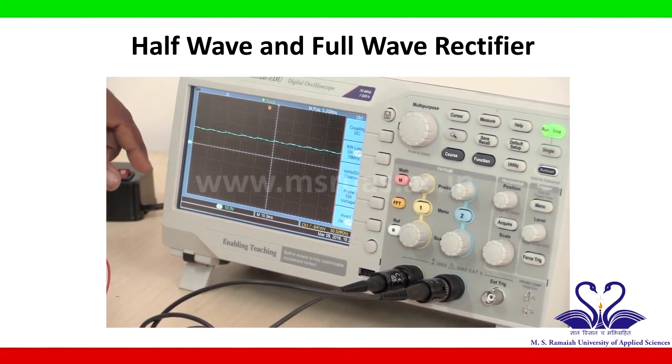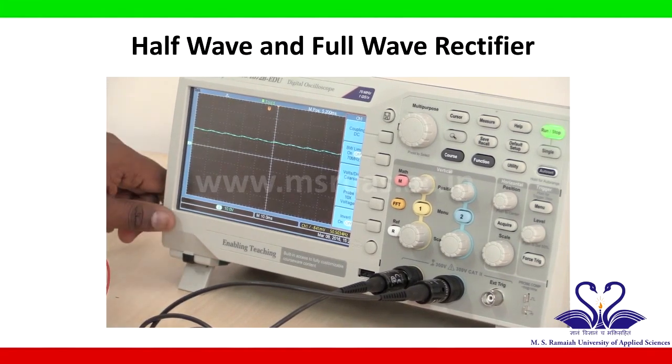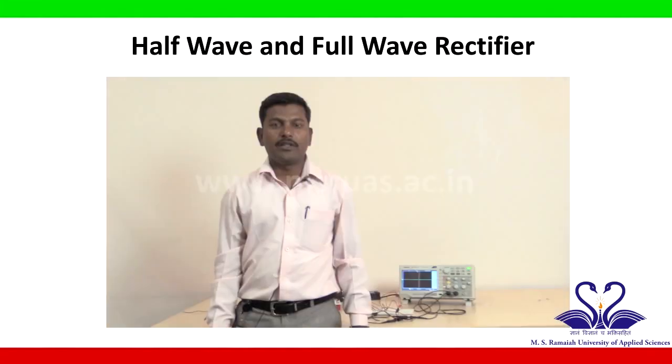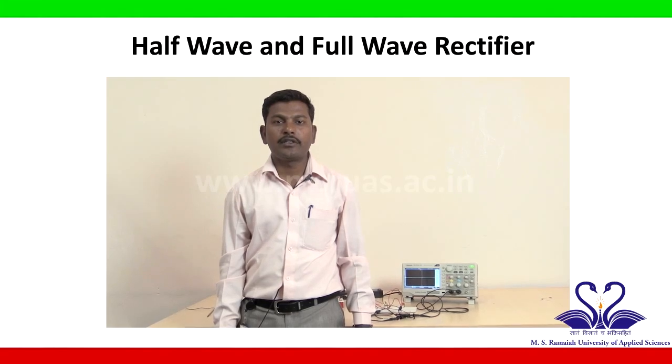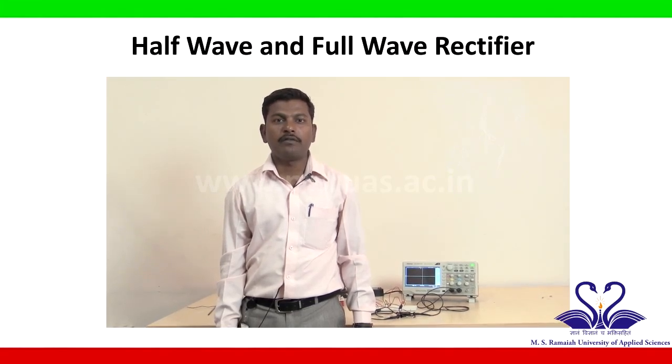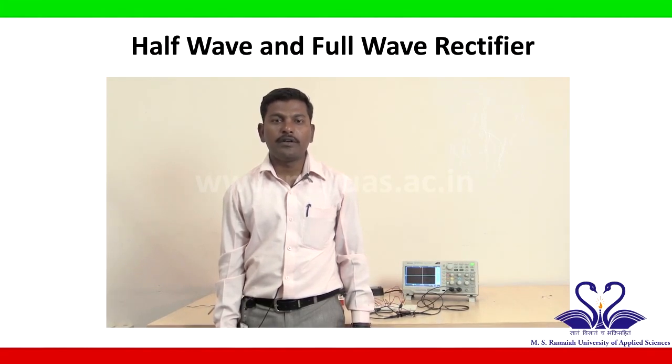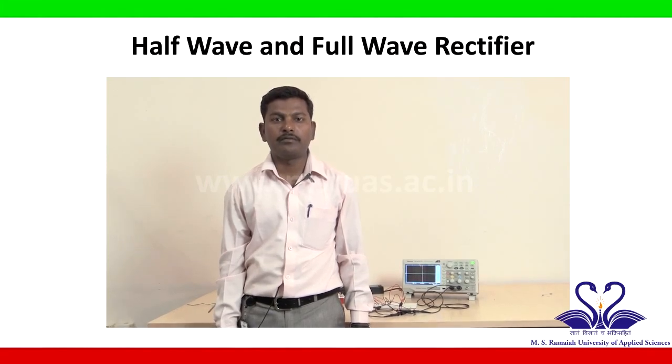I will note down this value in the given tabular column as the Vm value. Now we have finished the circuit connection for a full wave rectifier with capacitor filter. We have observed the waveform at the output of the rectifier with filter, and we have noted the output voltage peak value.